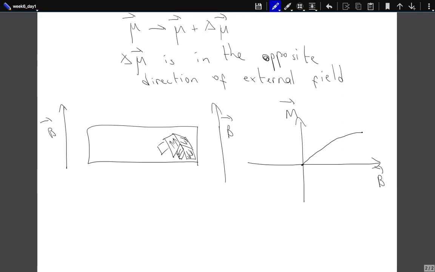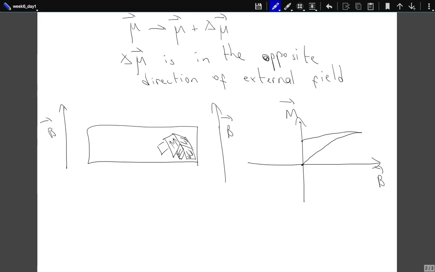After some time, it becomes saturated. You cannot increase it any further. But then if you lower the external field, it doesn't follow this line. When the external field B goes to 0, it still keeps some of its magnetization. And hence you basically have a magnet.